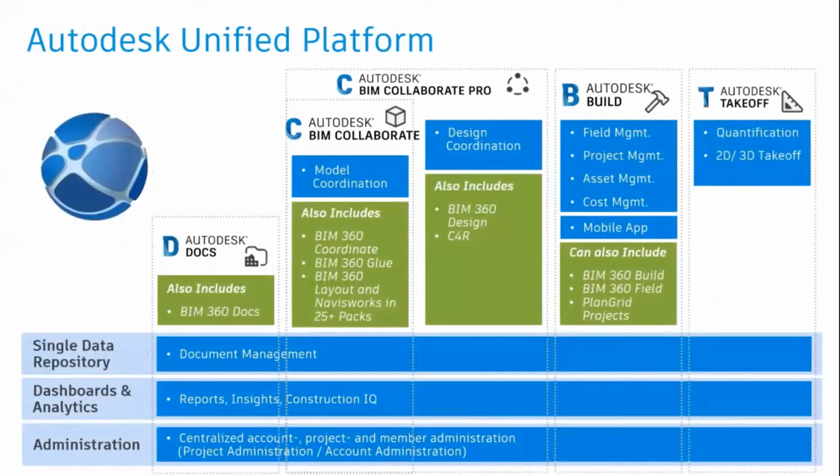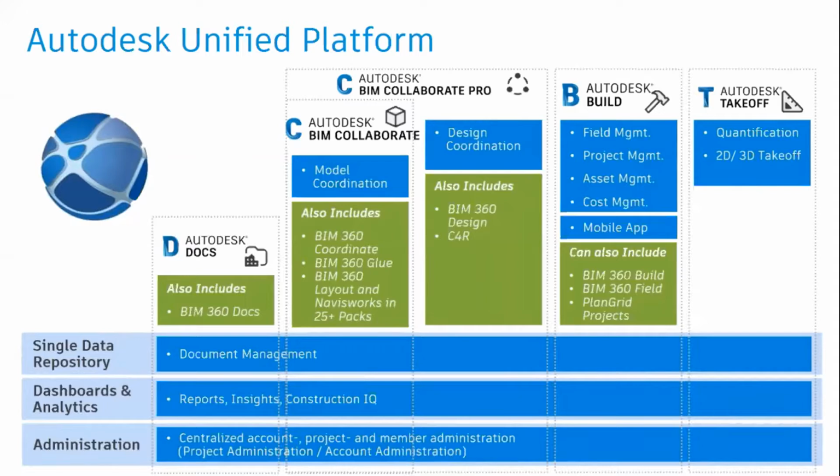Autodesk Docs is similar to BIM 360 Docs, which is the document management component, which gives us access to issues, markups, insights, reports, file sharing, file storage, and the like. So basically, all the similar tools that are in BIM 360.